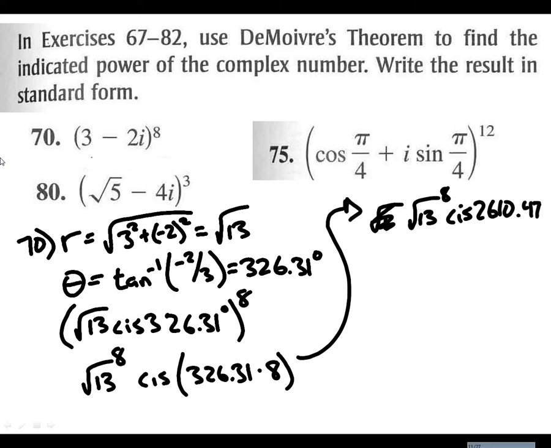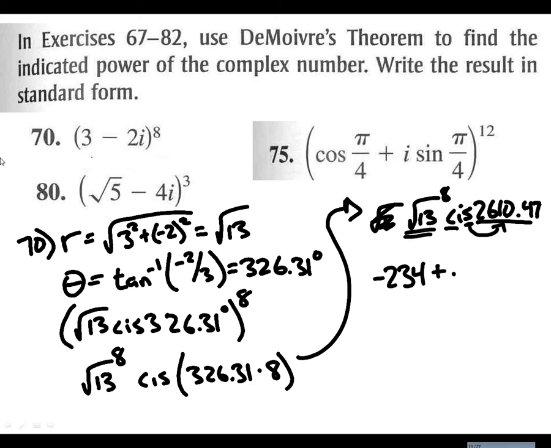I left it there as root 13 to the 8th because it says turn it back into the standard form, so we need to plug this into our calculator. We need to do cosine of this angle and times it by root 13 to the 8th. If you do that successfully, you're going to end up with negative 234 plus whatever the sine of this angle is times this again.